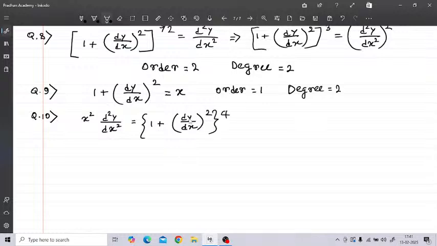Now you can easily see that in this given equation it is a polynomial, it is radical free, so the degree is easily defined. The order of this differential equation is 2 as the highest order derivative present is 2. And what is the degree of this differential equation? Degree is the power of the highest order derivative, that is 1.